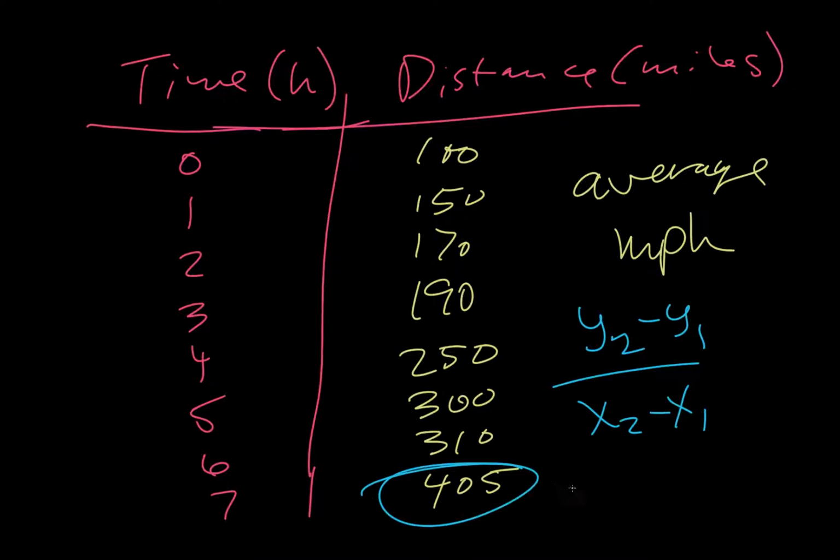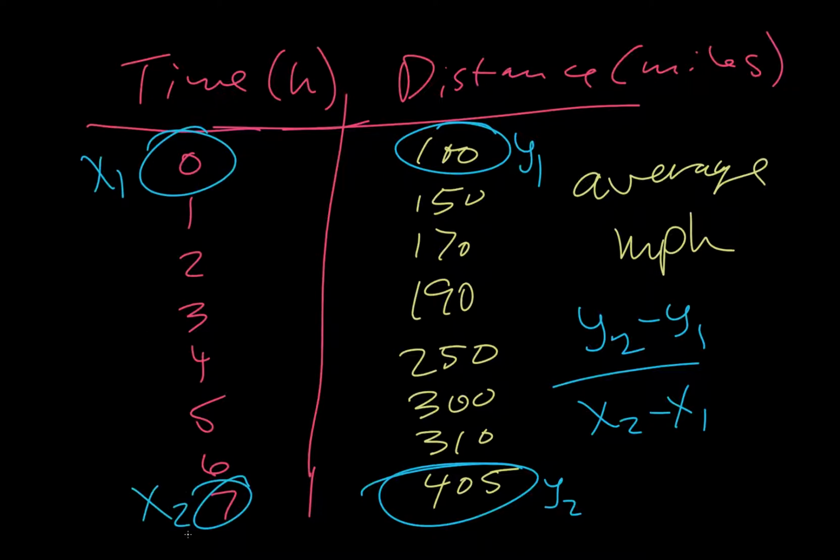So right here would be the y2, right here would be y1, this would be x1, and this would be x2. So we just find the difference between the y's. So we're going to say 405 minus 100, and then the difference in the x's, 7 minus 0. And so 405 minus 100 would be 305, and then 7 minus 0 is 7.